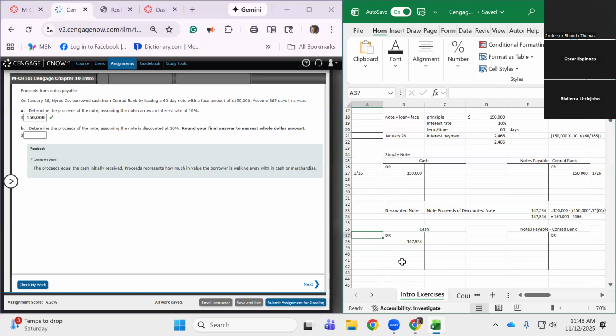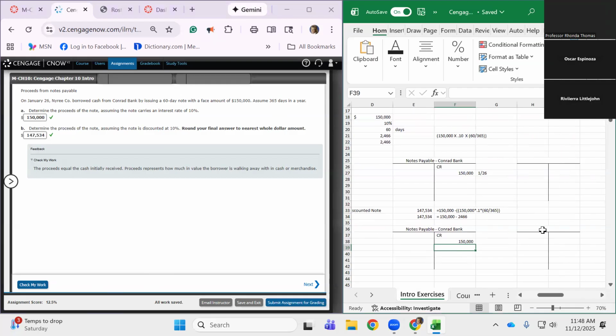Okay. Now we always put the face of the note in notes payable. When we do this journal entry, we are not balancing. Nope, we're not balancing. So the answer is you are going to receive $147,534. Even though these are the same note, one is considered a simple or interest-bearing note, and the other one is a discounted note. A discounted note, one more time, subtracts the interest before you get the money. So how do you make this journal entry balance?